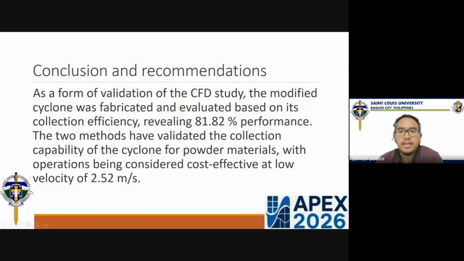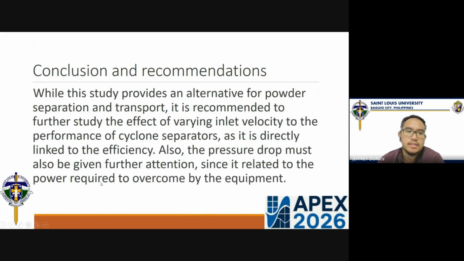In the validation, the modified cyclone was fabricated and evaluated based on its cyclone efficiency, revealing 81.82% performance. The two methods have validated the collection capability of the cyclone separator for powder materials, as a cost-effective means, even at a low velocity of 2.52 meters per second.